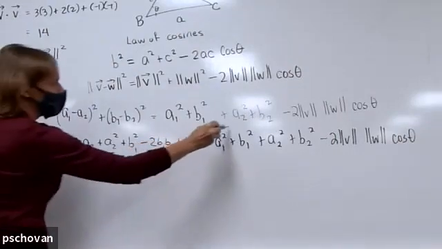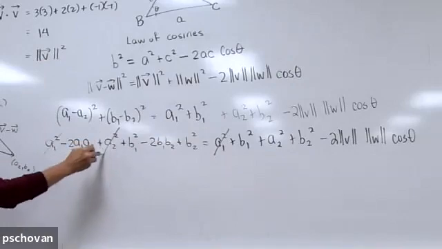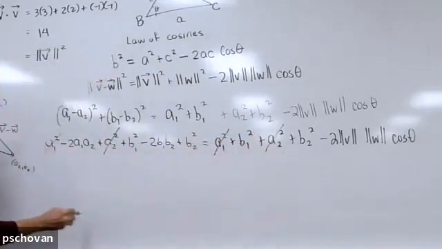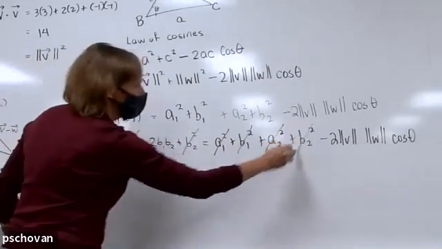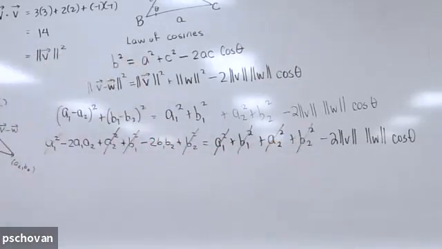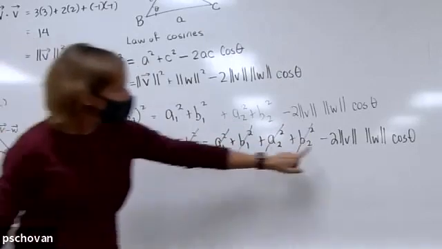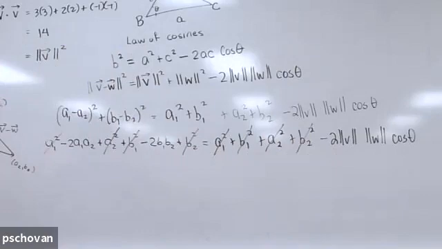That one adds out with that one, and so on. So I'm left with minus 2 times A1 A2, minus 2 times B1 B2 on the left. I can pull out the negative 2 and cancel it with the one there.